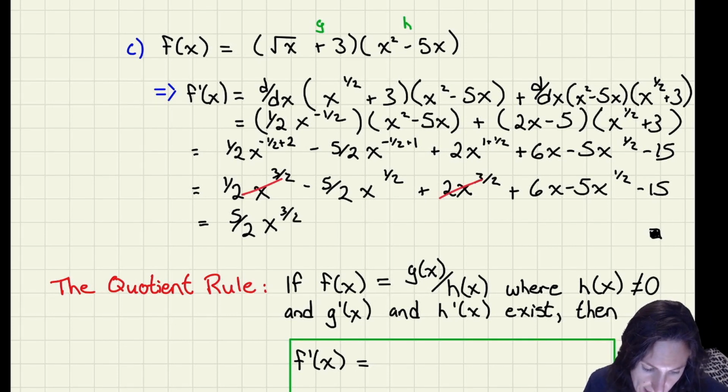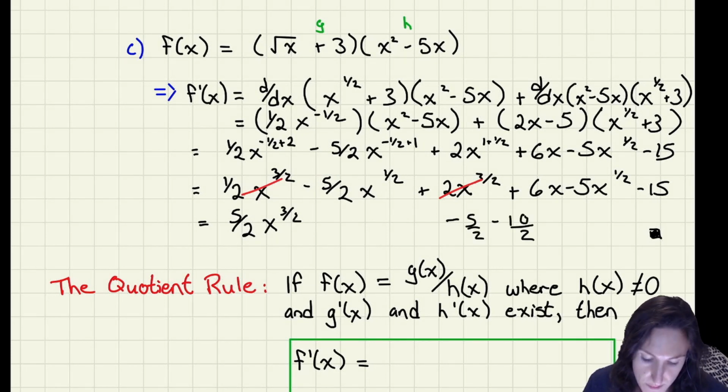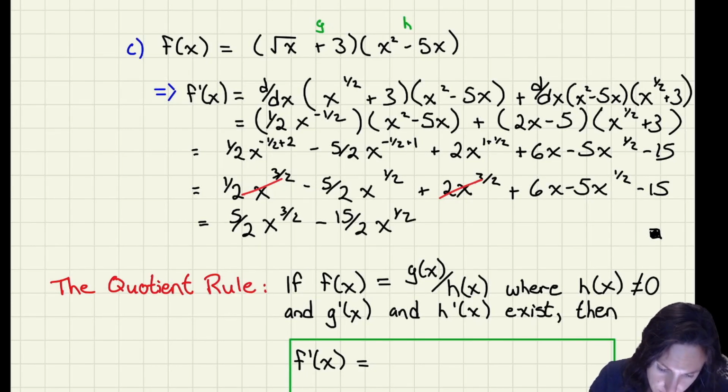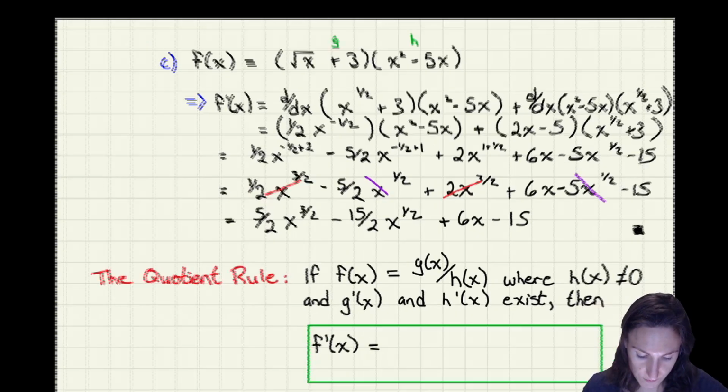And now I have minus 5 over 2 minus 5. Okay, so minus 5 over 2 minus 10 over 2 for common denominator. So minus 15 over 2, x to the 1/2. Okay, so that gets rid of this term and this term. And then I have plus 6x minus 15. All right.